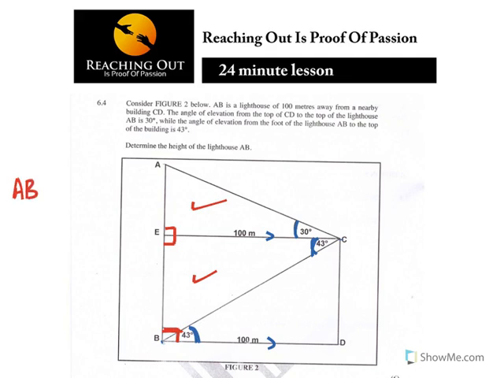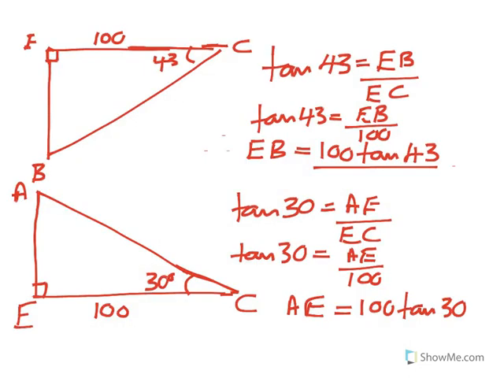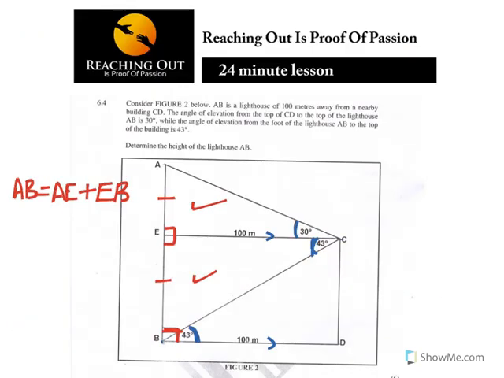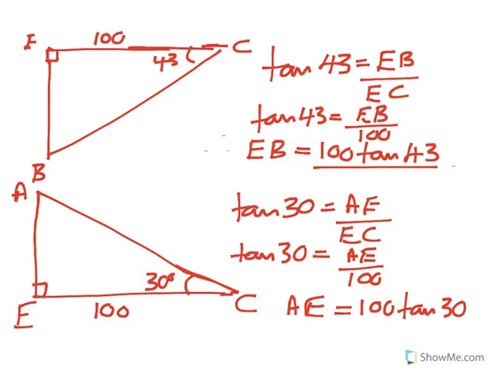AB is equal to AE plus EB. If you add this distance and that distance, you'll get AB. So now we know AE, and we also know EB, which is AE is this one and EB is that one. So AB is equal to AE plus EB.